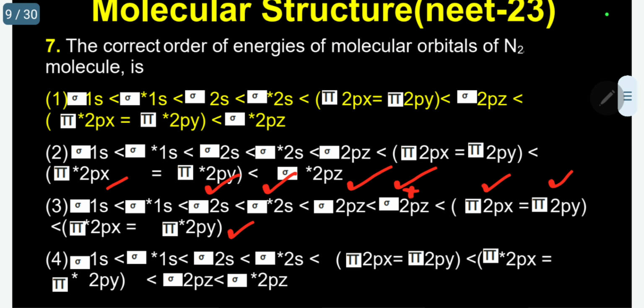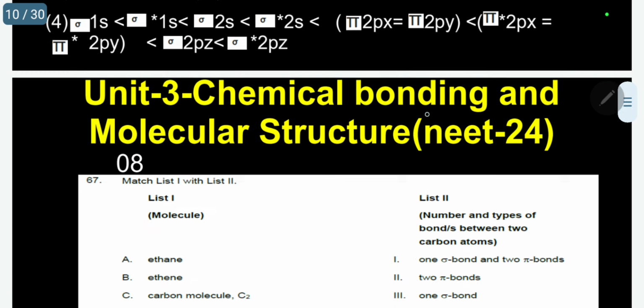Kindly follow. At the last one. So the correct order here is this. This is the correct order. Kindly follow. 3 will be the correct order. Very, very interesting information you have to think of. Okay, answer is 3. Okay.